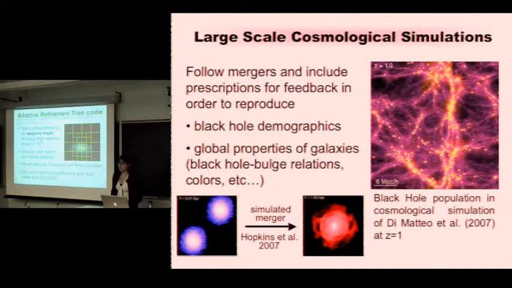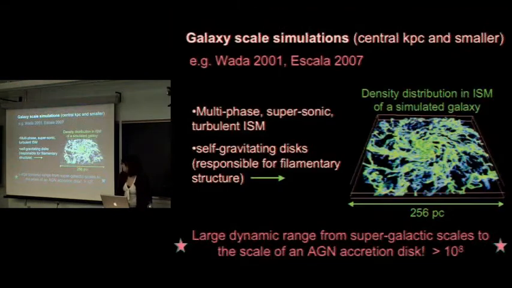On the other end, you have smaller simulations too. So galaxy-scale simulations, and here I'm referring to the central kiloparsec and smaller. In these simulations, you follow the evolution of an isolated gas disk.